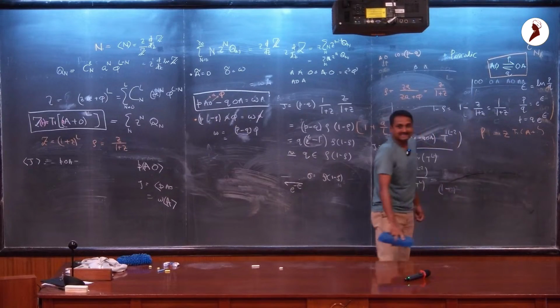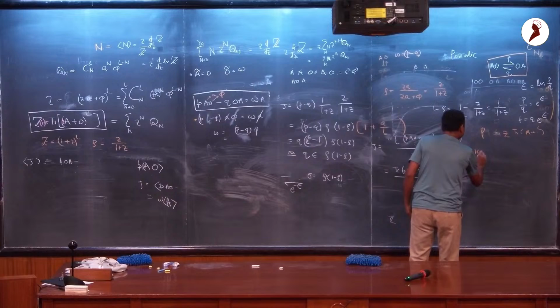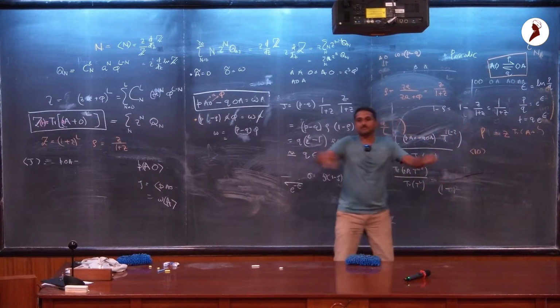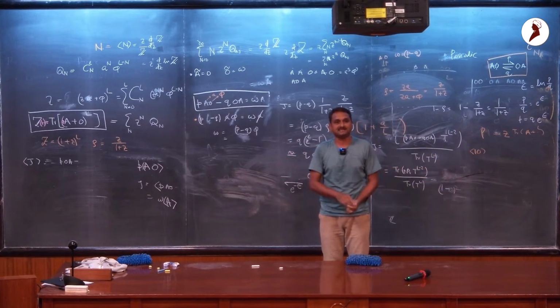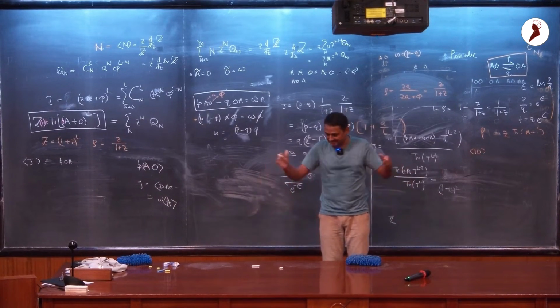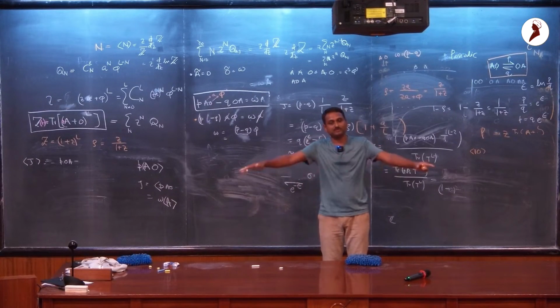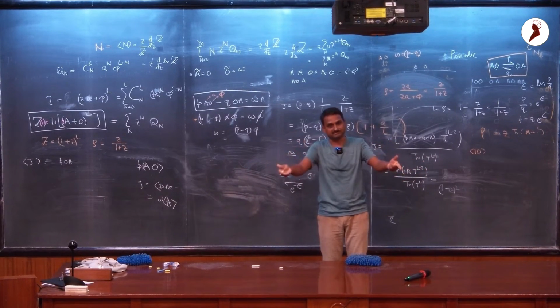So let us say that you want to calculate the 1, 0 expectation value in a system where particles are just thrown randomly on L sites. So what is the expectation value of 1, 0, with exactly n particles in L sites? You just count that, because if all configurations are equally likely, it's just a counting problem, right?